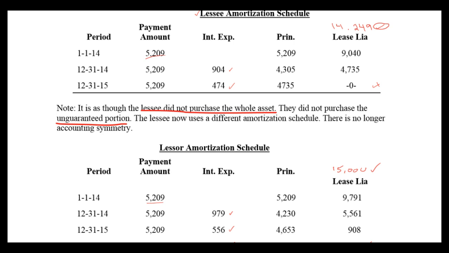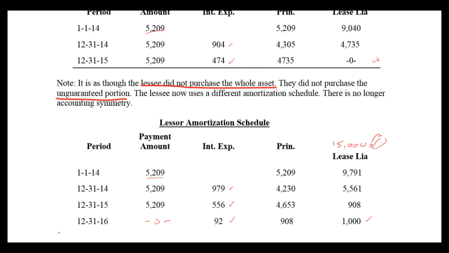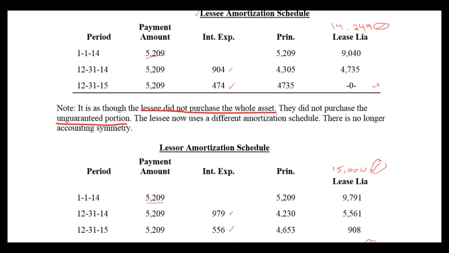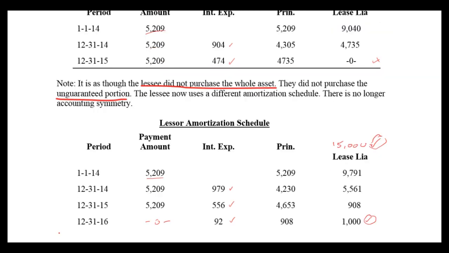And with the lessor, we do start with the full amount, take out a smaller payment, and we end with $1,000 in the amortization schedule at the end of the period. This causes different amounts of interest expense to be incurred on the two leases and an ending balance to be left on the lessor's schedule.